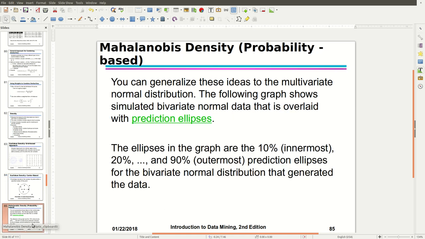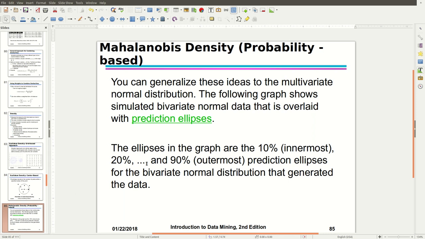We can also use a probability-based density measure, like in Mahalanobis density. This is the case where the data is not distributed in both axes randomly, but has some trend, as in the multivariate normal distribution, which we will show you in the next graph.